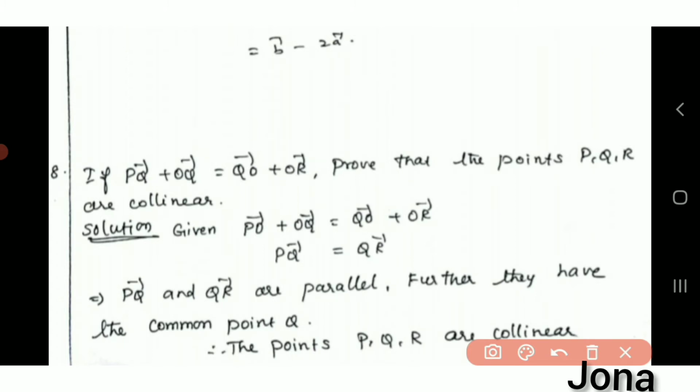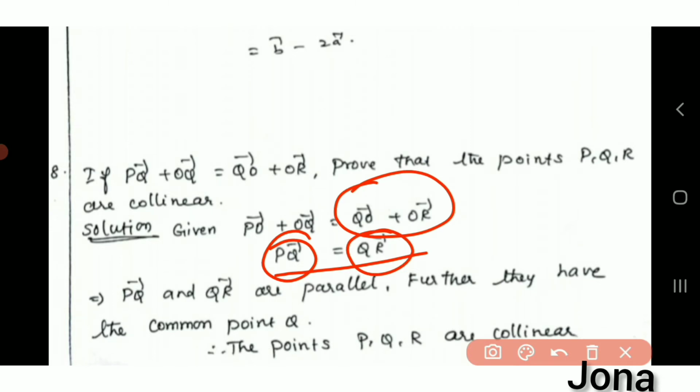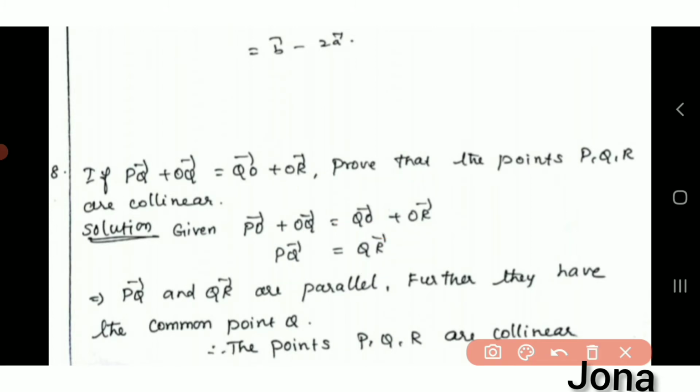That means PO plus OQ is PQ vector and QO plus OR is QR vector. So both are equal, which means PQ vector and QR vector are parallel. And in these two we have Q as the common point. Therefore, since they have the common point, we can say the points P, Q, R are collinear.